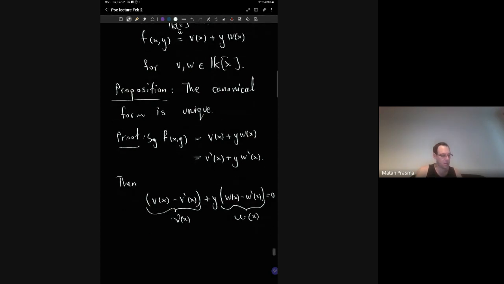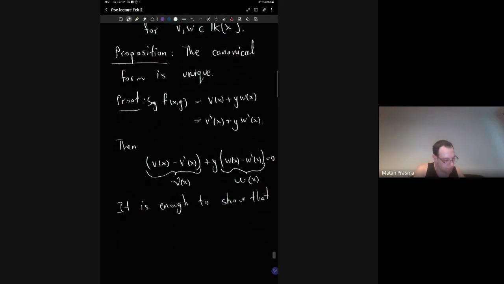It is enough to show that nu(x) plus y omega(x) equals 0 implies nu(x) equals 0 and omega(x) equals 0. Right? This would equate v and v', and also w and w'.